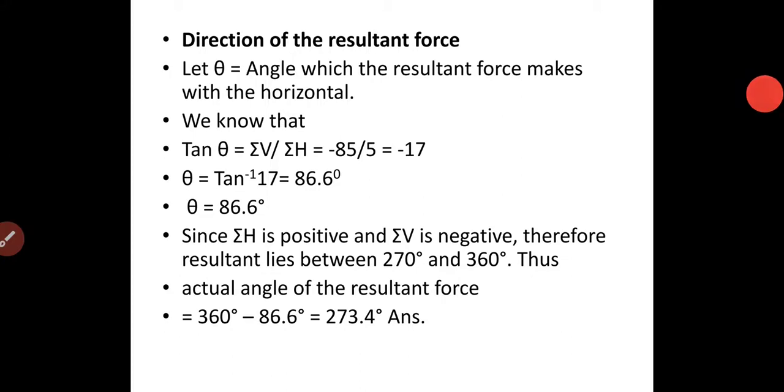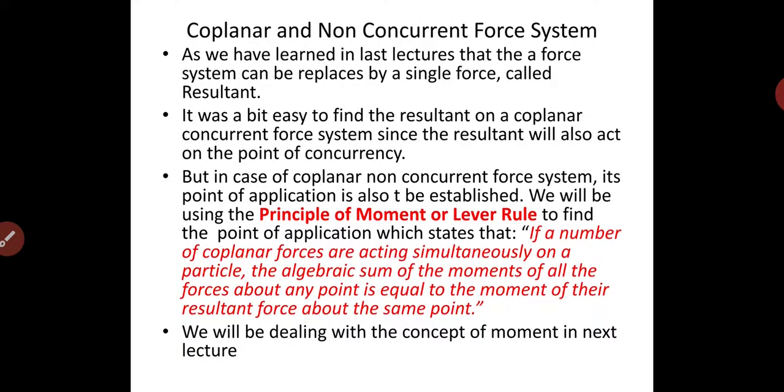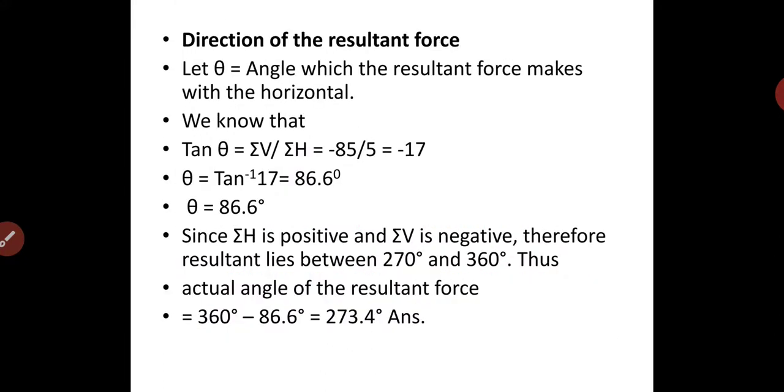Direction of the resultant force is again using the same formula. We know that tan theta is equal to summation V upon summation H, that is minus 85 upon 5, that is minus 17.